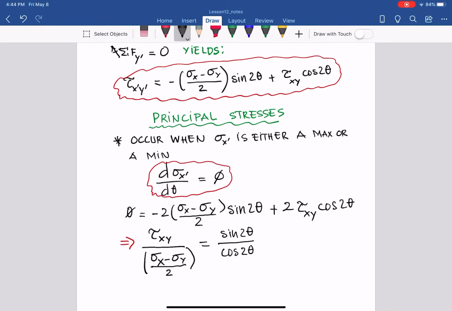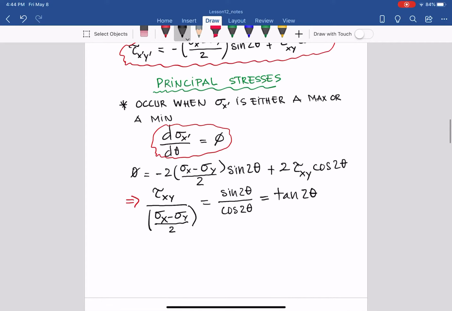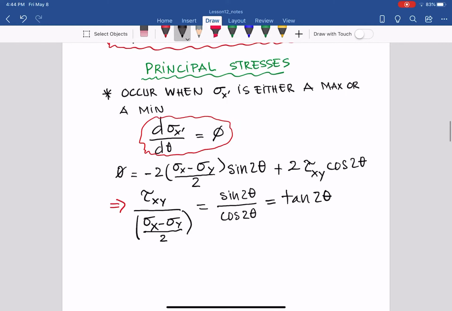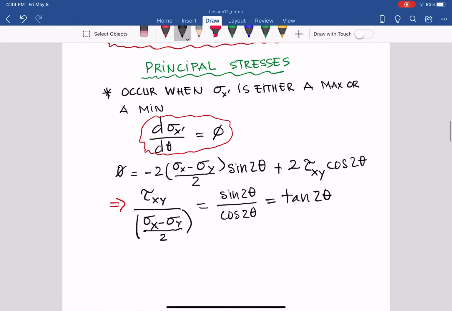And if you can see, sine over cosine is actually a tangent, in this case tangent 2 theta. And because that is a principal stress, instead of the general theta, we define it as theta p. P stands for principal.